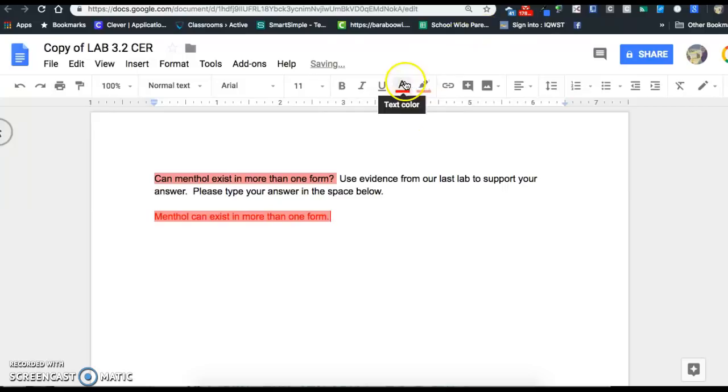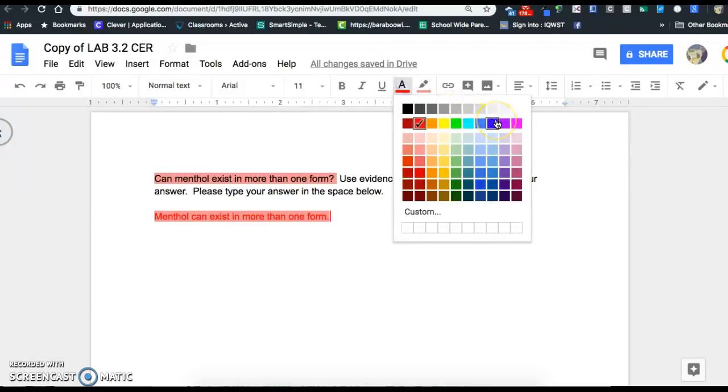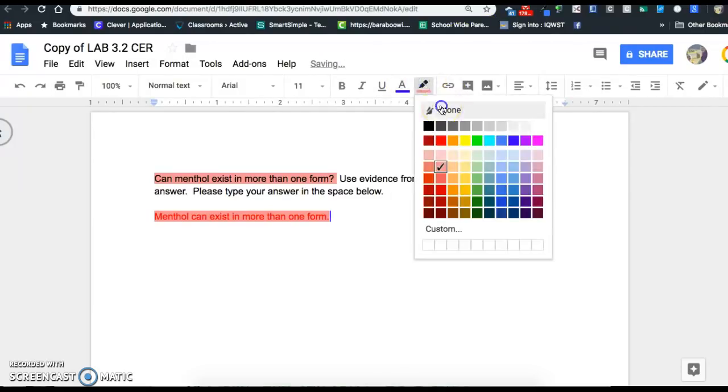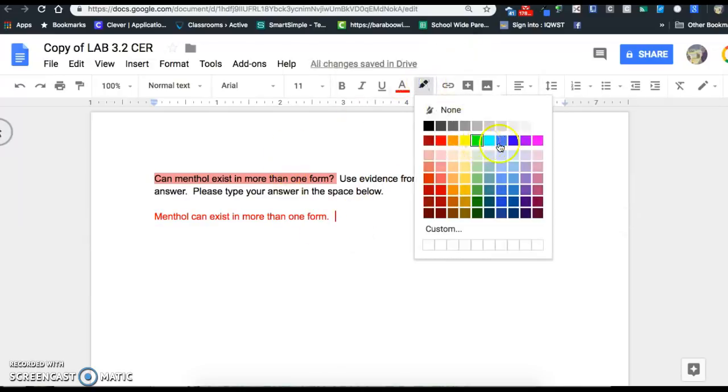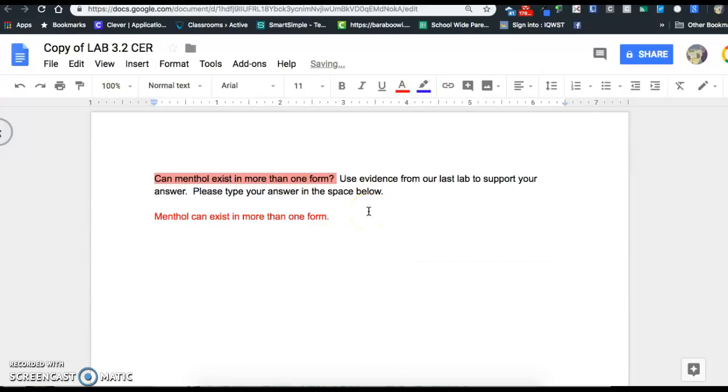And then I'm going to switch over to my evidence. And my evidence is the things I actually saw that tell me that menthol exists in more than one form. So I'm actually going to say, and remember I usually write my evidence in blue. I'm going to get rid of the colors later, but just so you can kind of see how it looks. At first I'm going to say, at first, and those colors are all messed up. Let me fix that. No highlighting.